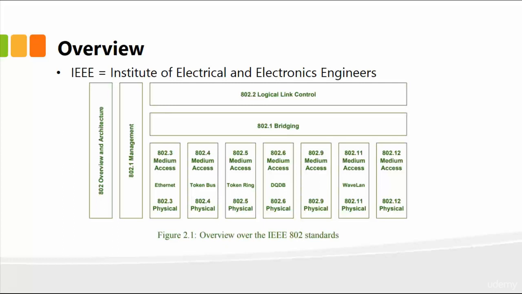For example, 802.1 covers management, logical link control, bridging, token, different kinds of topologies, and so on. The most common one that you'll come across is 802.3, which is medium access Ethernet. Others you will find are token bus, or the wireless LAN 802.11, and so on.